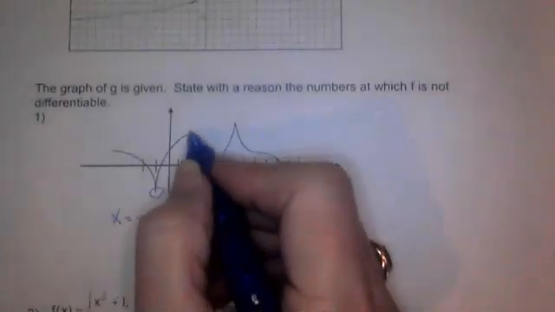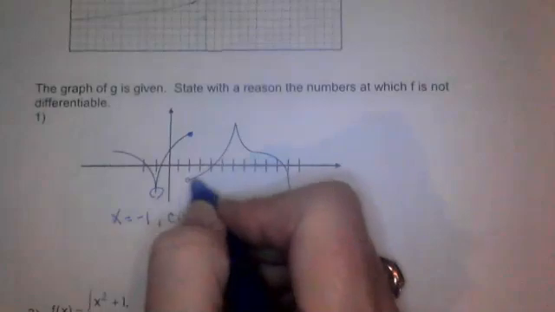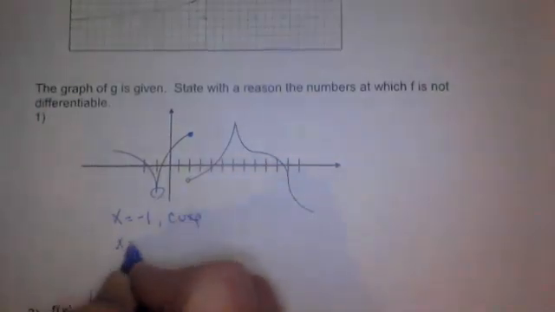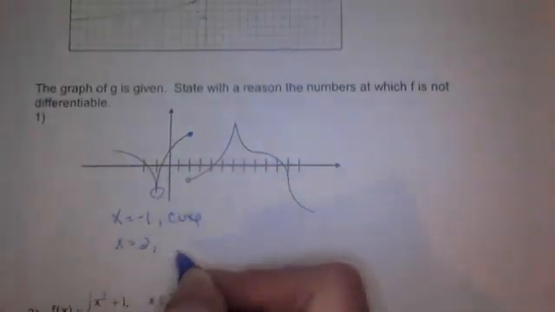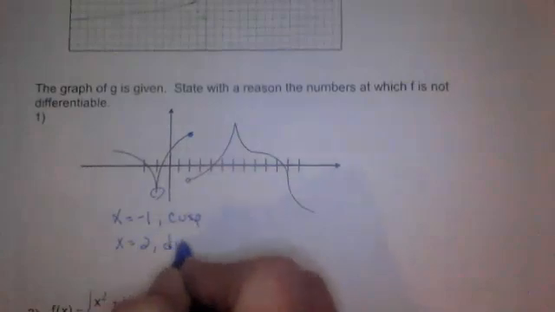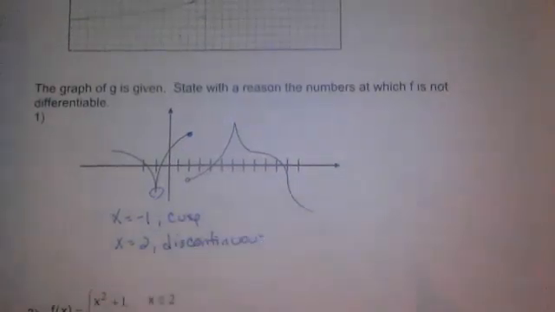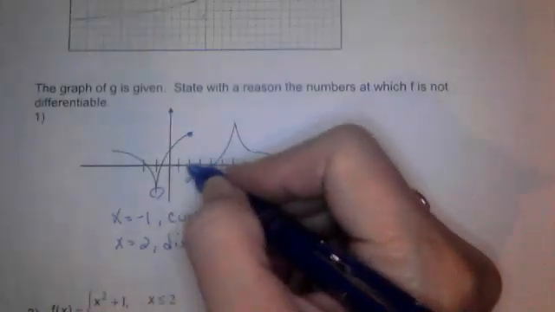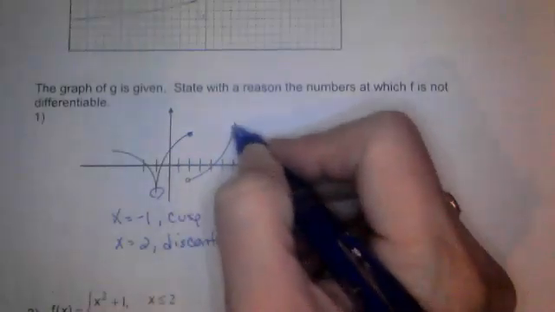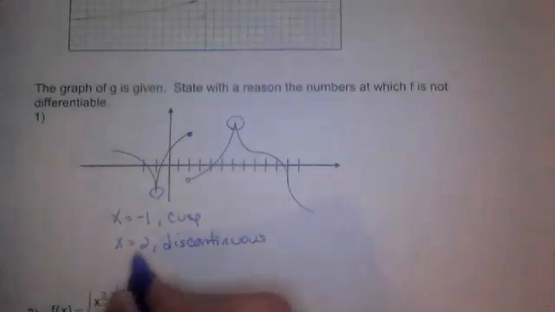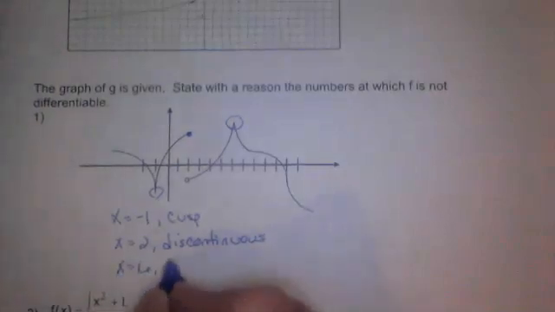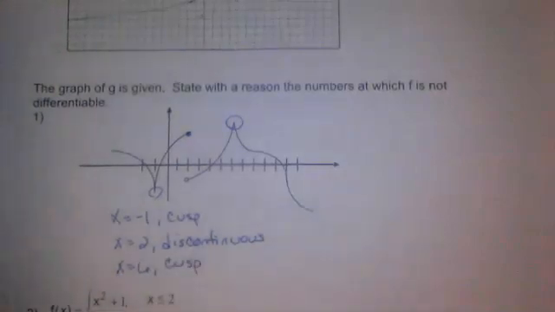Then right here, we have a jump. So at x equals 2, it's not differentiable because it is discontinuous. And then we come over here to 1, 2, 3, 4, 5, 6. At 6, we have another cusp, so it is not differentiable.